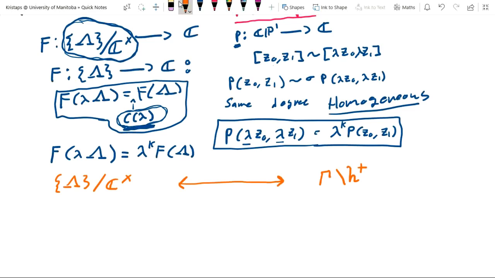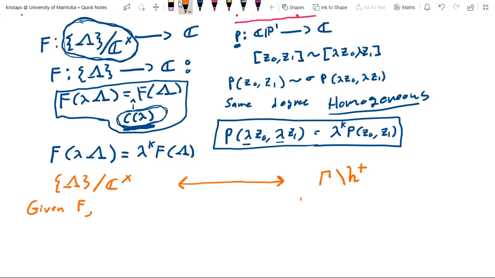Well, let's first suppose that we're given some capital F, which is defined on lattices, and we want to define a function little f on the other side here. What we can do is that we know that the function capital F is also defined on the lattices lambda sub z.